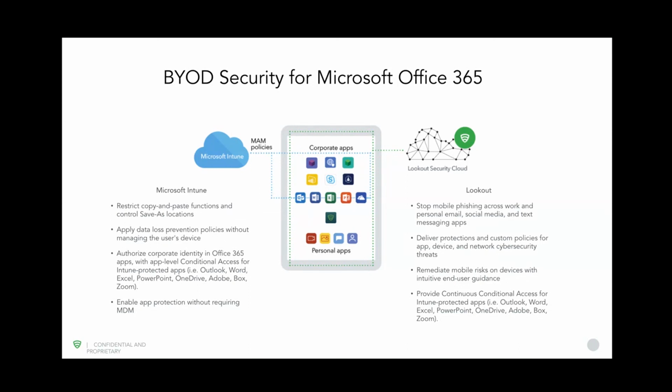The employee will download the Outlook app, for example, and once he activates it, which means putting in his credentials, the Outlook app will check if Lookout is already installed. If not, the user will be redirected to the App Store, and then he will need to download the Lookout app. And secondly, Lookout needs to say that the device is not compromised. Once both conditions are met, the employee will finally get access to his Outlook inbox.